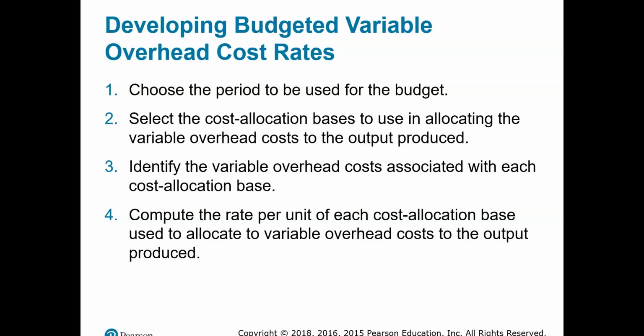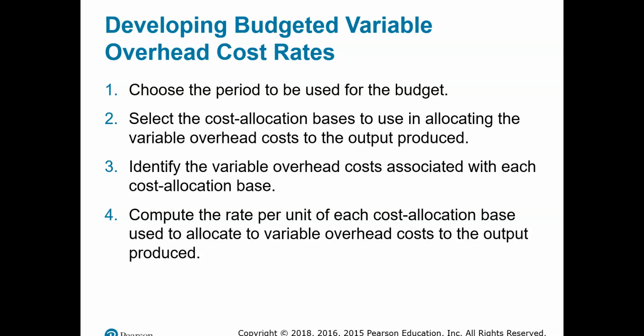If the department or the activity is labor intensive, then we will use either direct labor hours or direct labor costs. Then third, we're going to identify variable overhead costs associated with each cost allocation base. So we're going to identify our cost pools. We may have one cost pool, or we may have multiple cost pools.